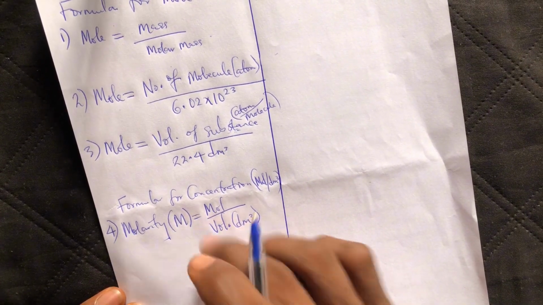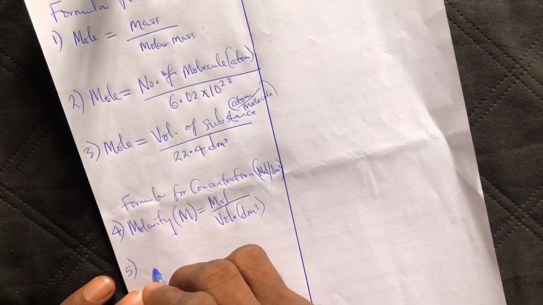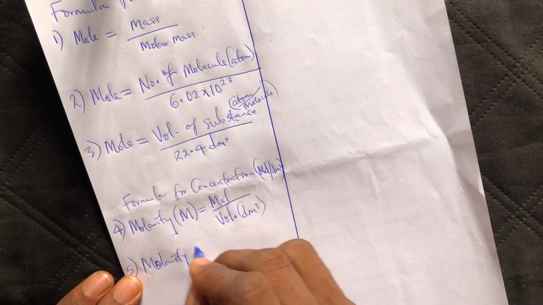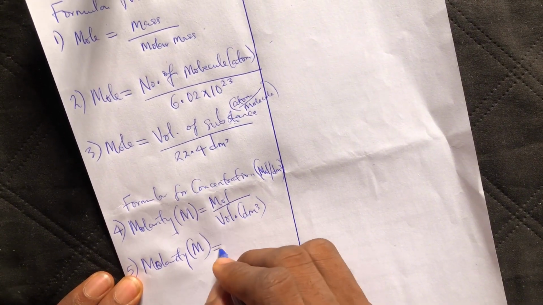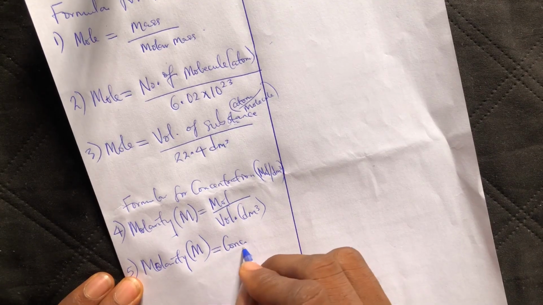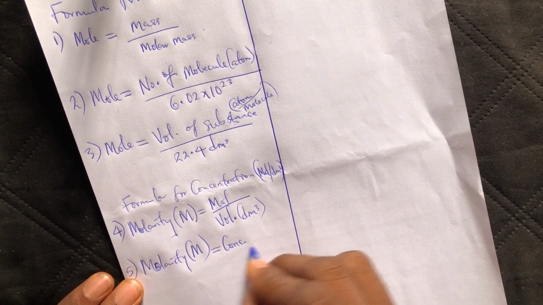All right, so number 5, molarity is concentration. Now this is concentration, so if you want to write it in full you can do that.